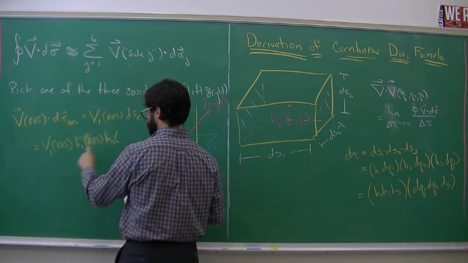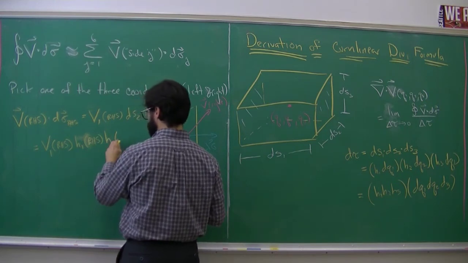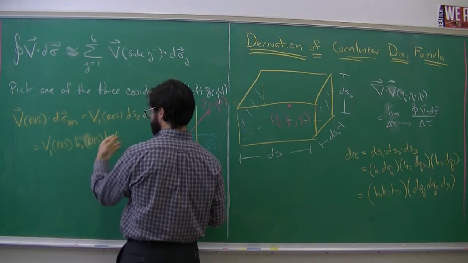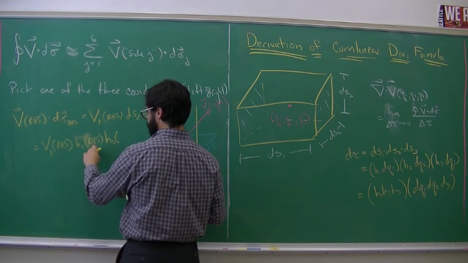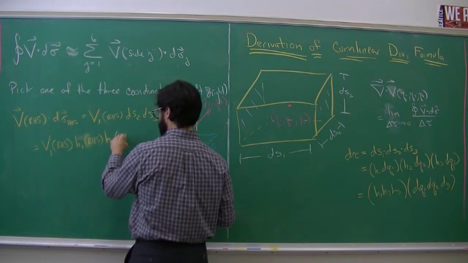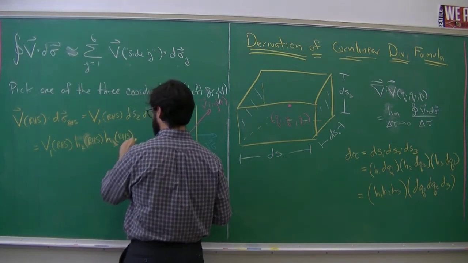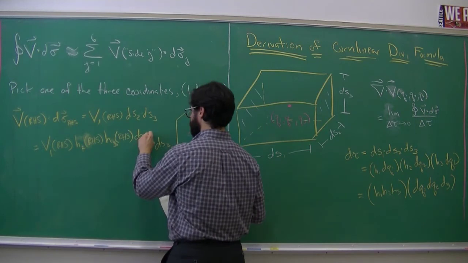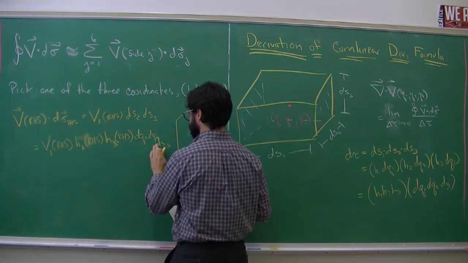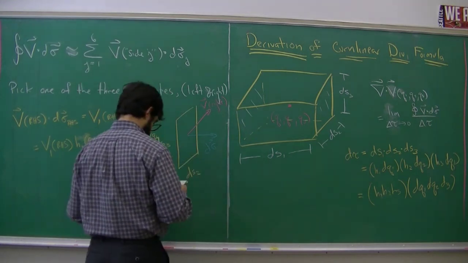For instance, the farther you are away from the origin, the bigger r gets in the conversion between spherical polar, when you're computing the scale factors for spherical polar. Oops, this is 2 and 3. dq2, dq3. Okay, so not so bad.